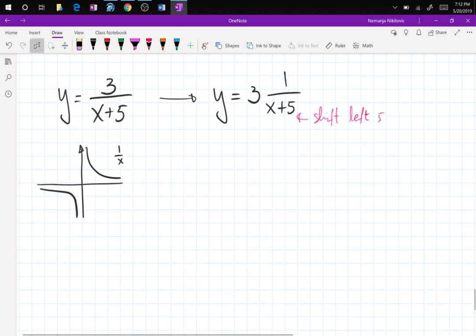So, 1, 2, 3, 4, negative 5. I do not have vertical shift, so the other asymptote stays at x-axis.